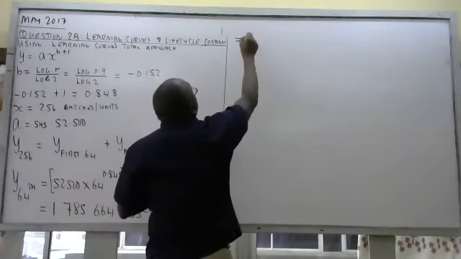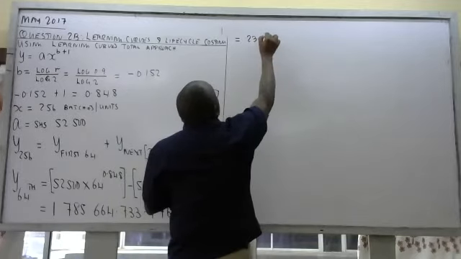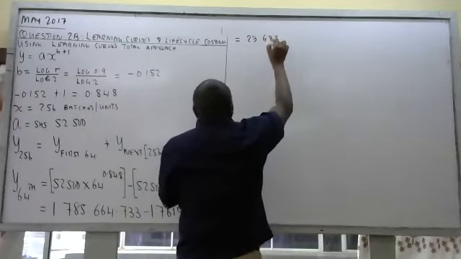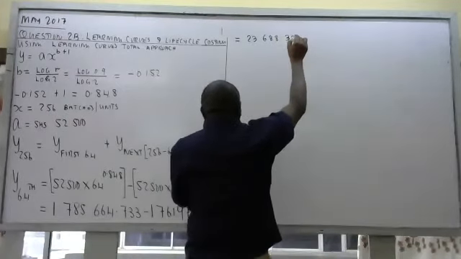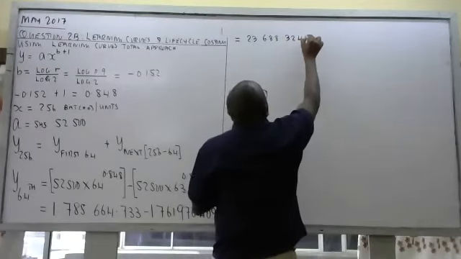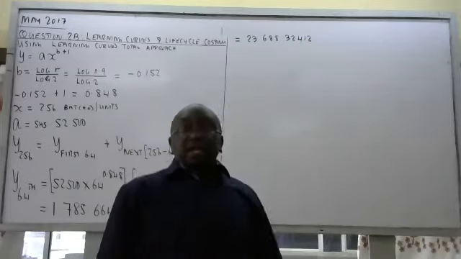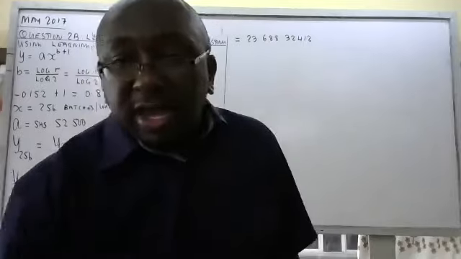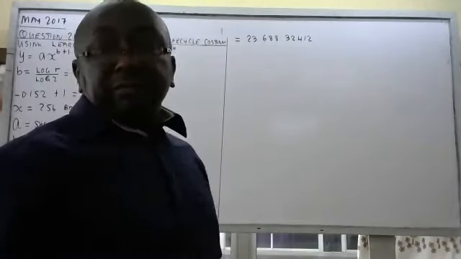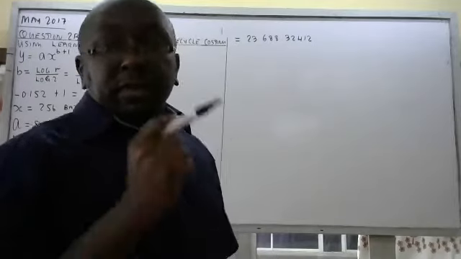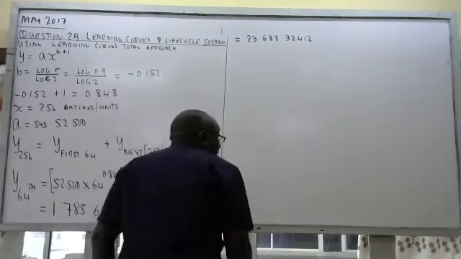I'm getting 23,688.32412. Are you getting such? Yes, Ivarin, I can see we have the same. Okay. So that is what we have.